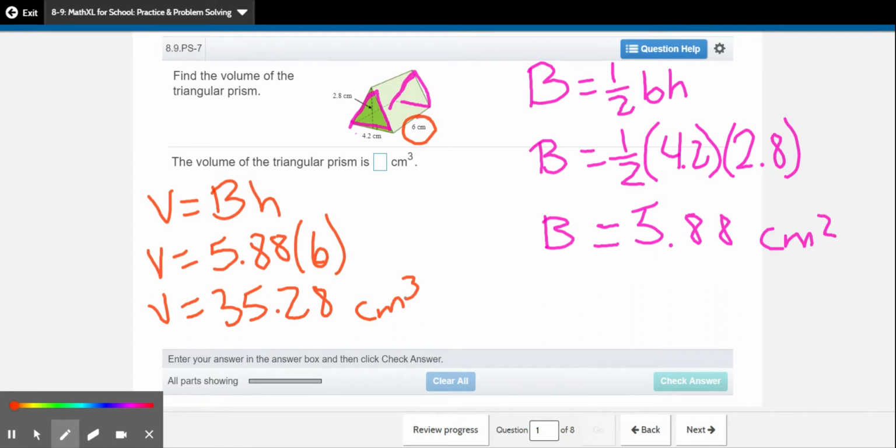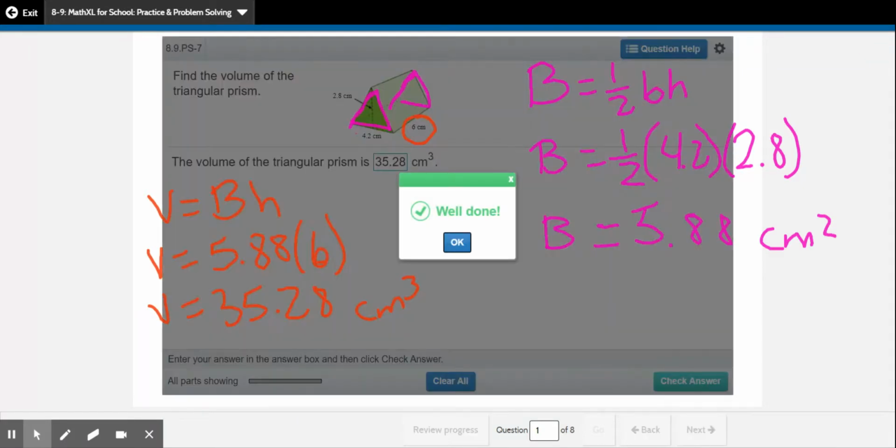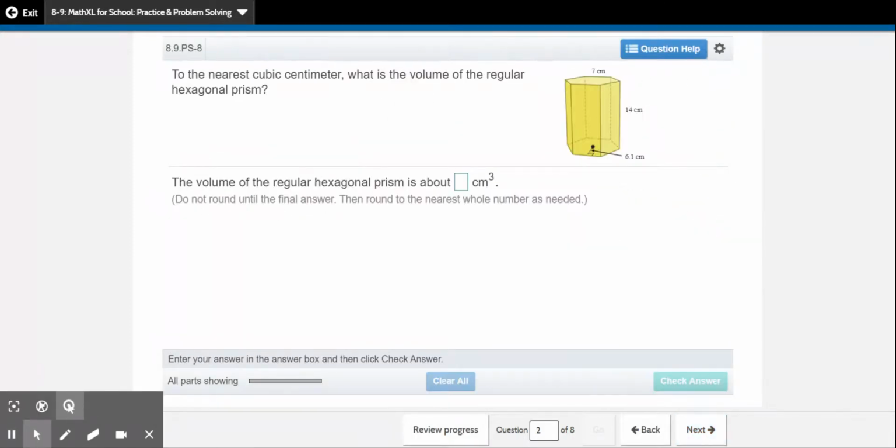Again, volume is like how many cubes can fit inside of that prism. All right, and they didn't tell me to round anything, so let's check our answer. Well done.